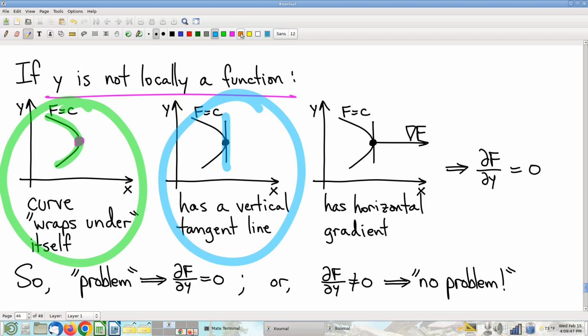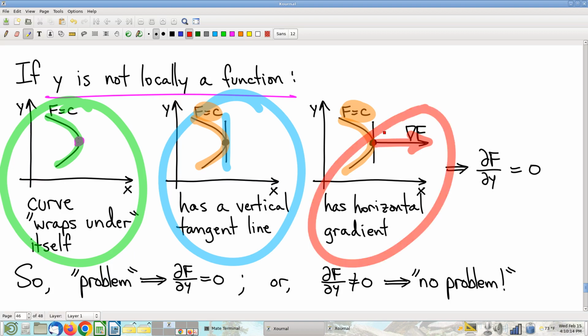And don't forget now that the curve itself is a level set, and gradients are always perpendicular to level sets, which means gradients are going to be perpendicular to the tangent line, and if the tangent line is vertical, that means that the gradient would have to be horizontal. Is that cool? Just a geometric appeal.